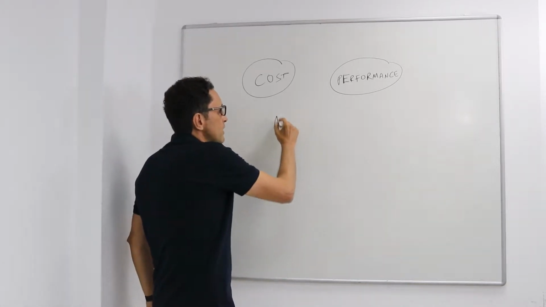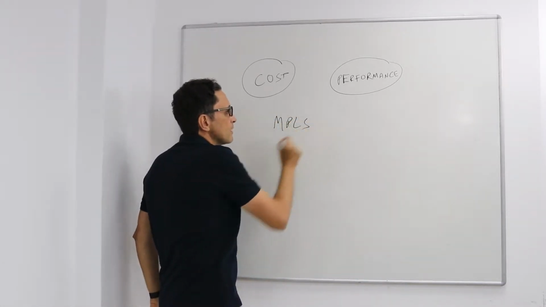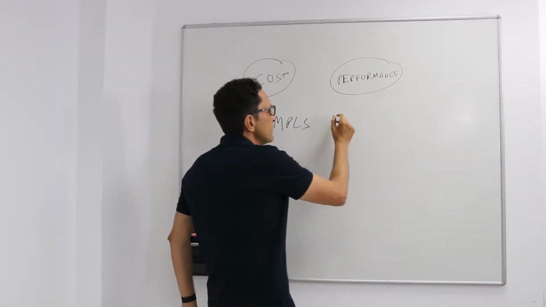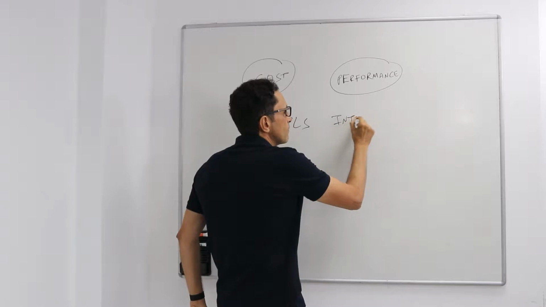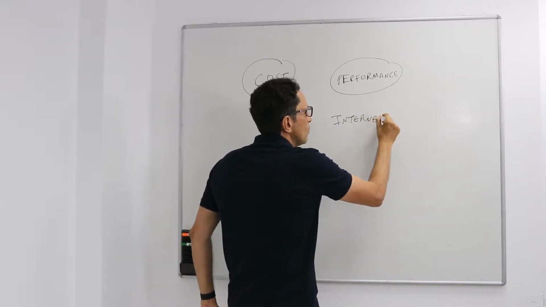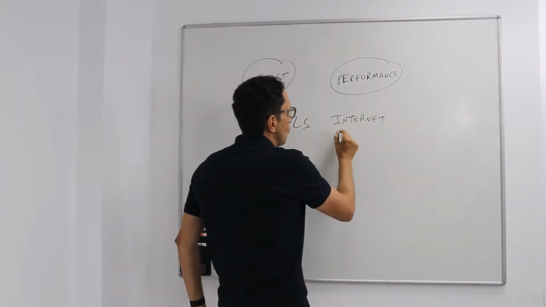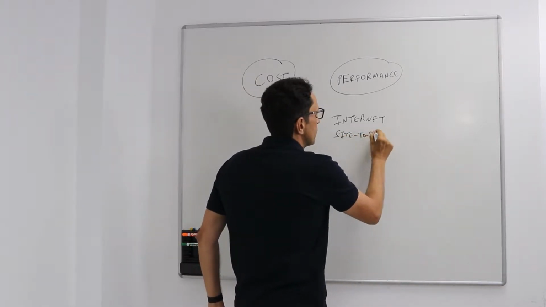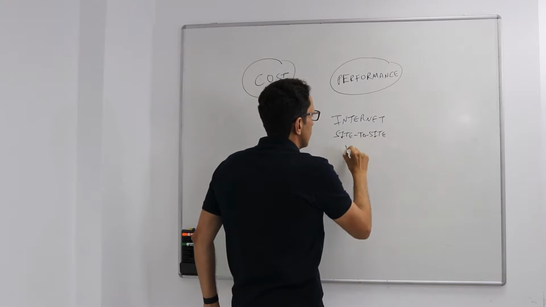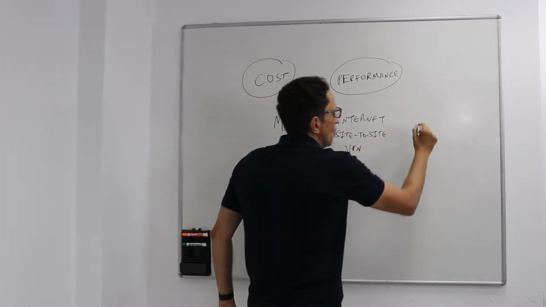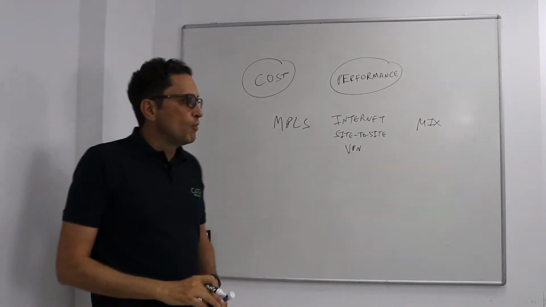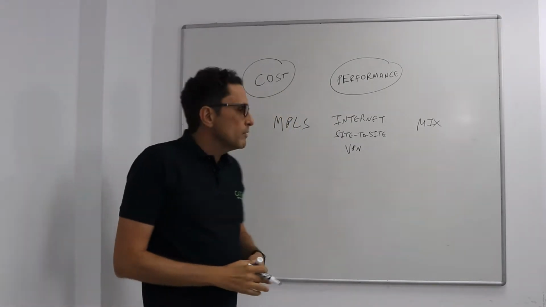Either the customer is using MPLS as their WAN connectivity, or they're using the internet, which we sometimes refer to also as site-to-site VPN. Or they use a mix of both options, okay?